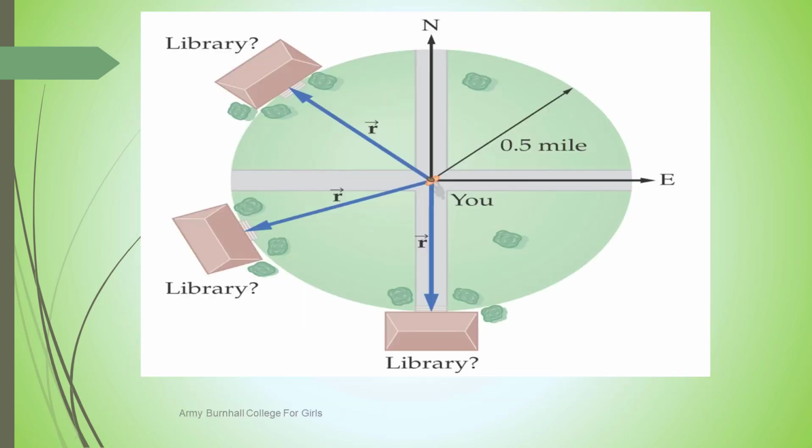Now if we are standing here and we know the magnitude is 0.5 miles and we know the direction in which the library is located, we can move in that direction. So with both magnitude and direction, we can move towards the library.